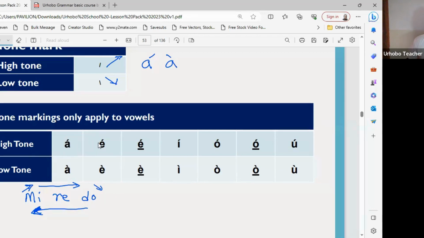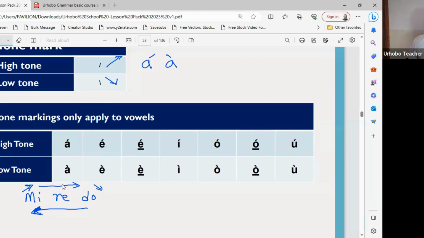A, E, I, O, U. Now I'm using the rising tone to sound the vowels. A, E, I, O, U.